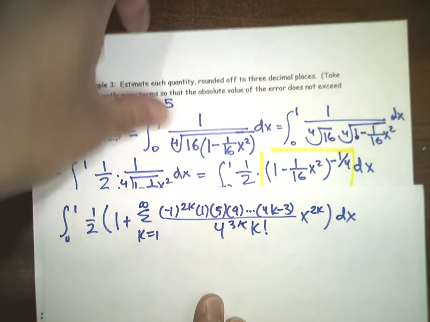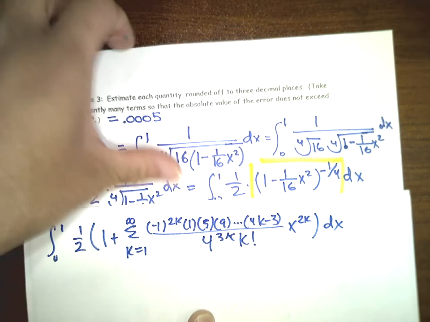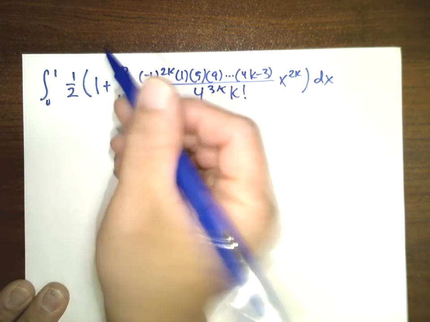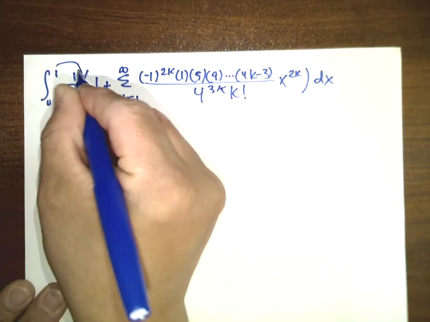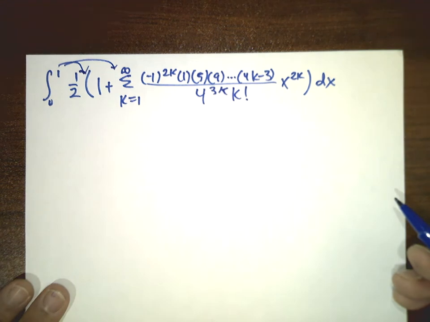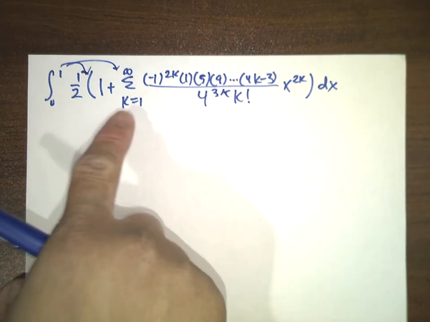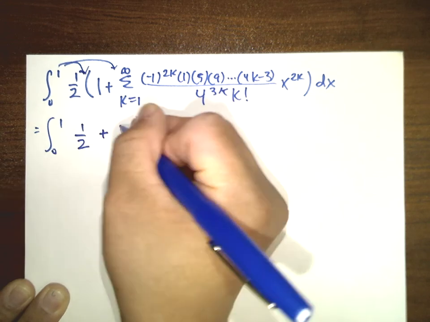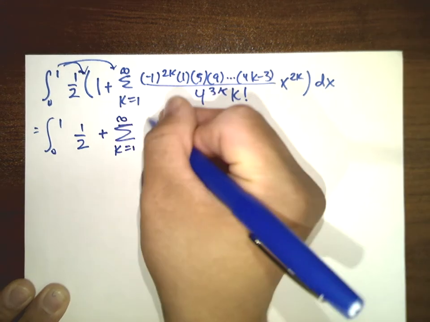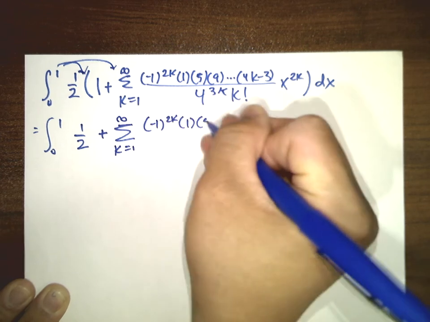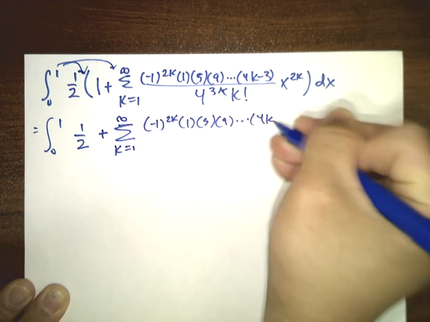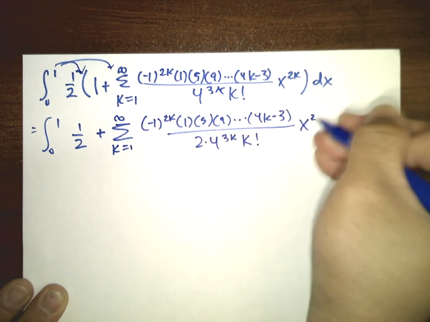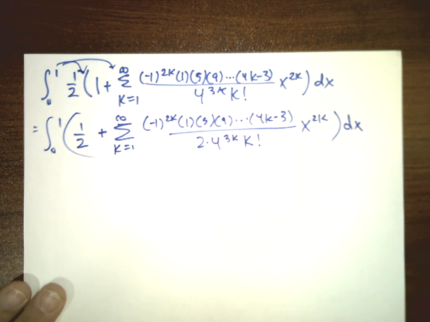All right, so now what am I going to do with this? Well, I'm going to take the integral here, but I'm going to distribute the half first, all right? So I have the integral from 0 to 1 of a half plus the sum k equals 1 to infinity of negative 1 to the 2k, 1 times 5 times 9 all the way to 4k minus 3, and then 2 times 4 to the 3k times k factorial, x to the 2k dx.